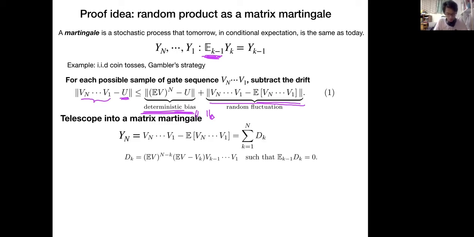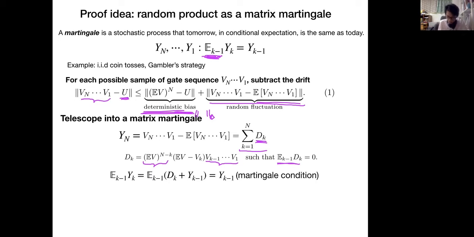So we can telescope it into a martingale. Each of these differences has the property that, if you look carefully, it only depends on the past. Its future is deterministic. So if you take the conditional expectation, it evaluates to 0.